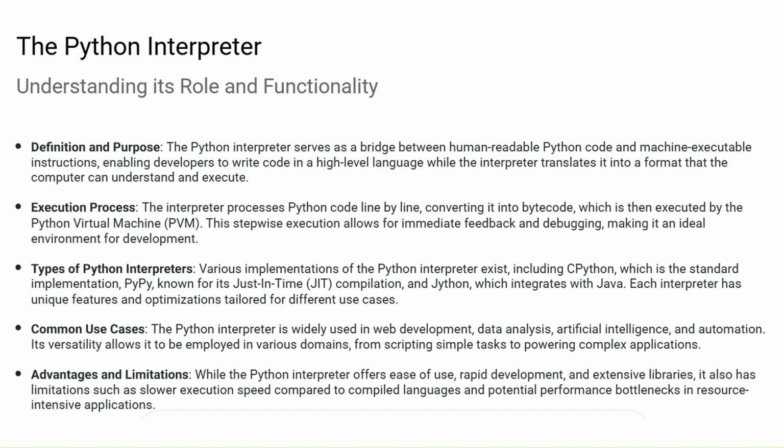Now, when we write source code in Python and execute the program, the Python interpreter comes into the picture. Python interpreter has two components: one, the Python virtual machine, and the second one, the compiler. Now pay attention to this part.